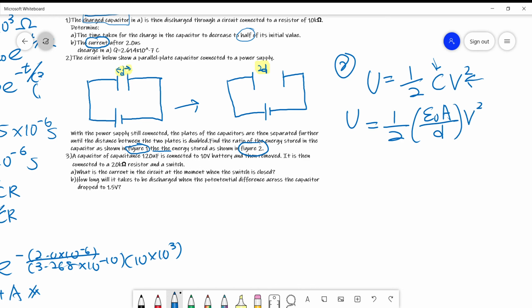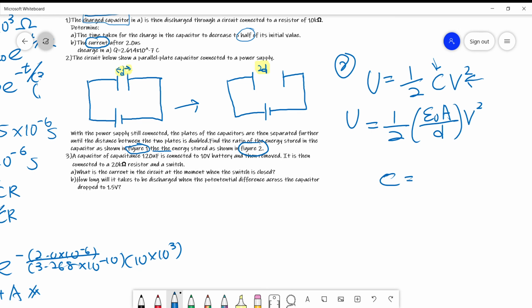So why is this so? This is because when the plates are separated further, the effect will cause the capacitance of the capacitor to be bigger.